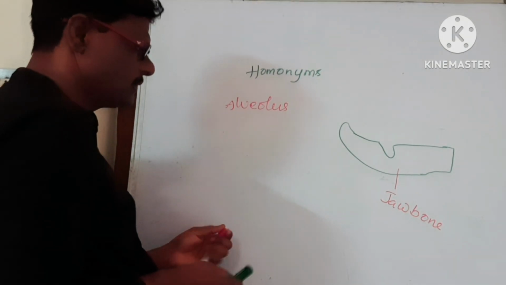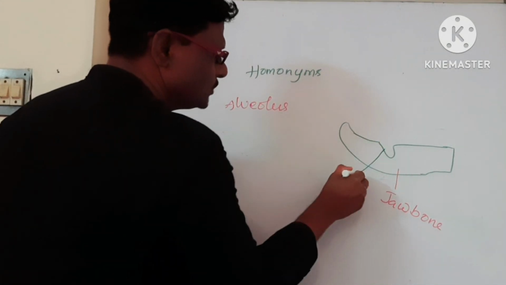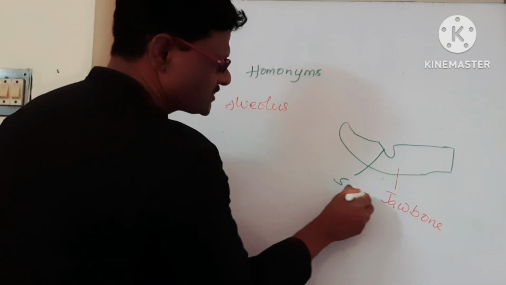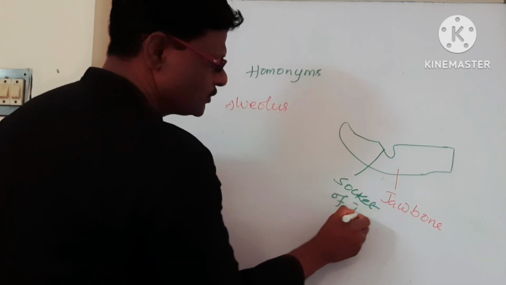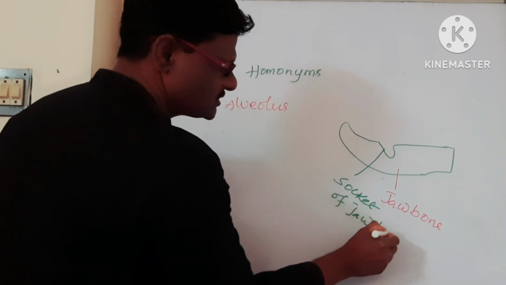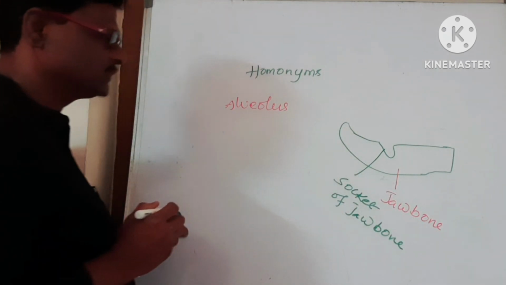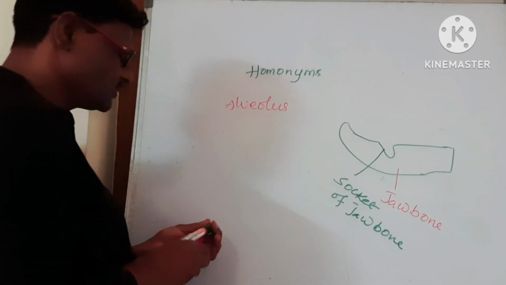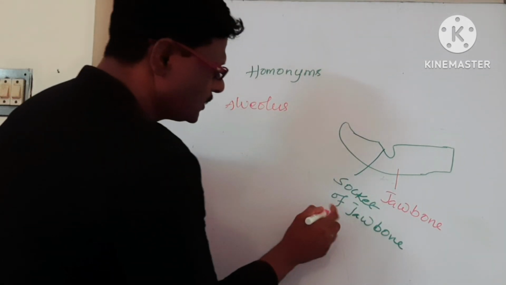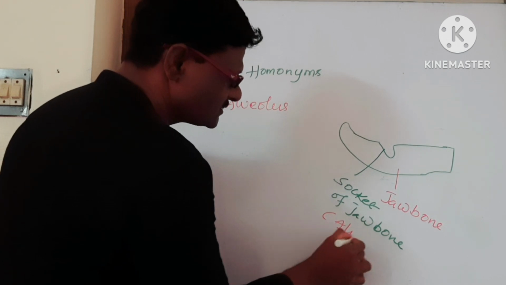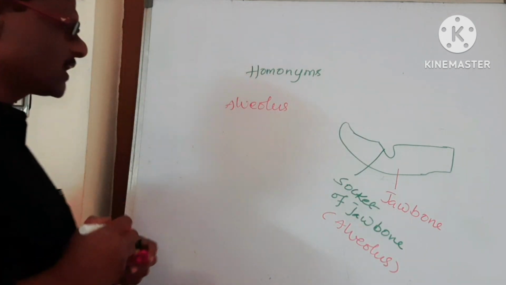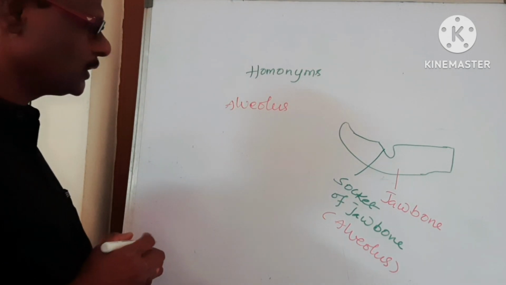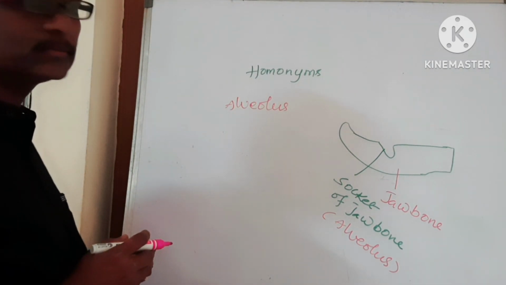What is that? Socket of jawbone, otherwise called alveolus.